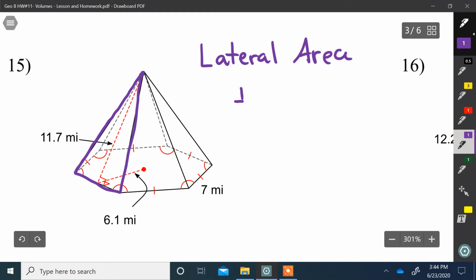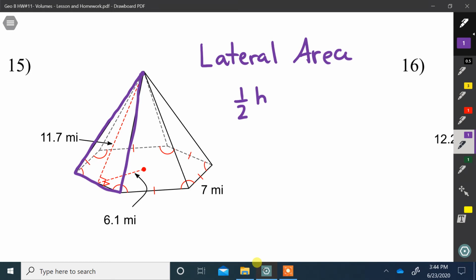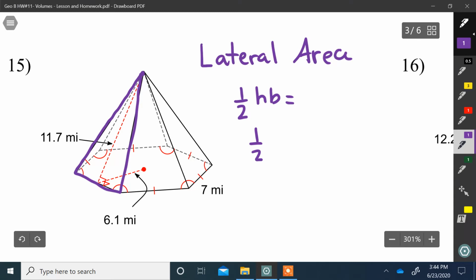Okay, the area of one triangle is half times the height times the base. Well, the height in this case is 11.7. The base, as you can see, all of those are 7, so this will also be 7.